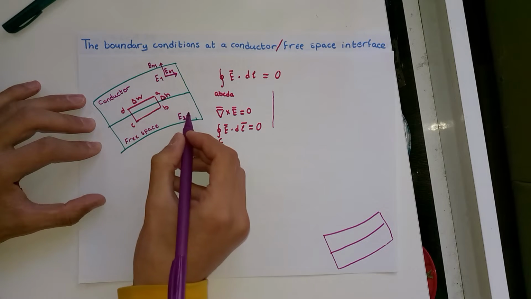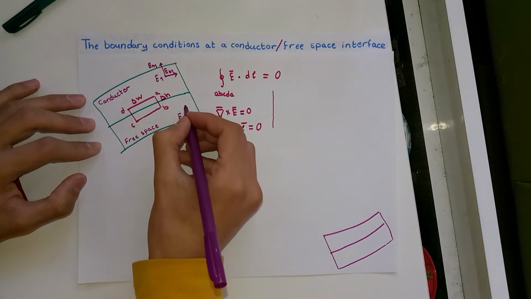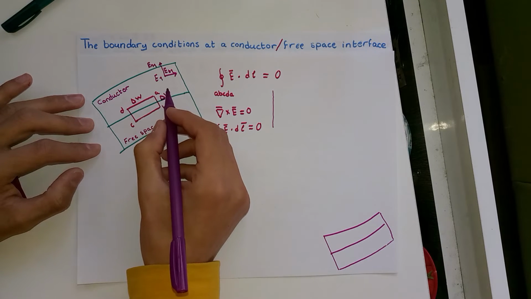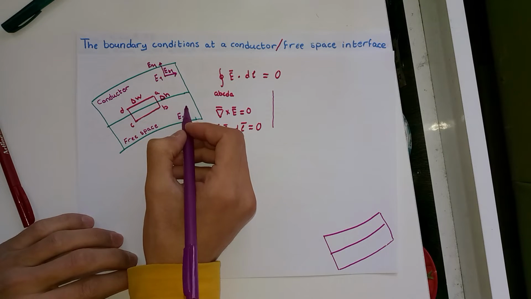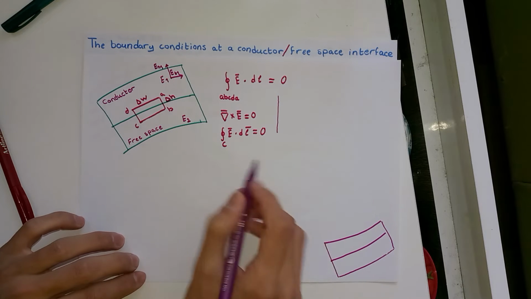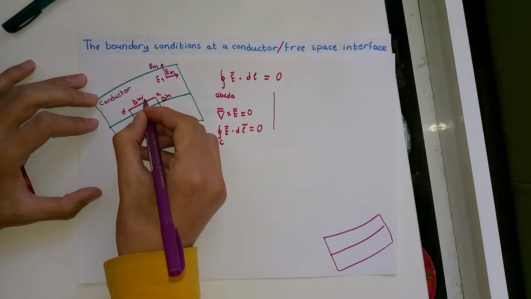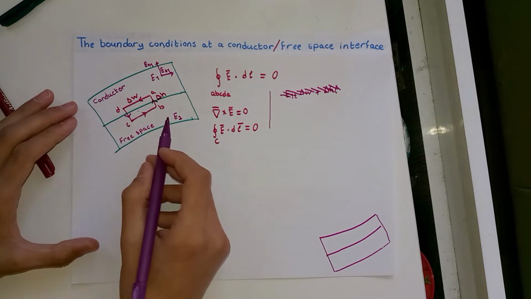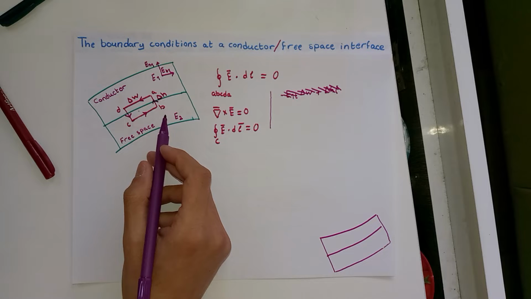The same thing for the free space: we have two components, Et2 and En2, the tangential component and the normal component respectively. Let's say that the direction of this path is counterclockwise. Now let's start the integration.